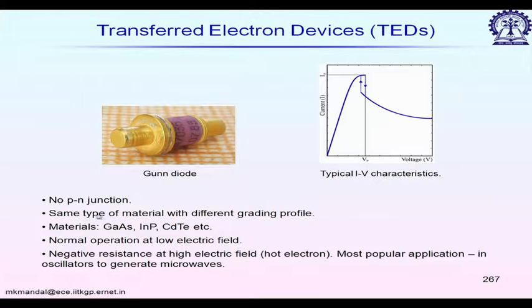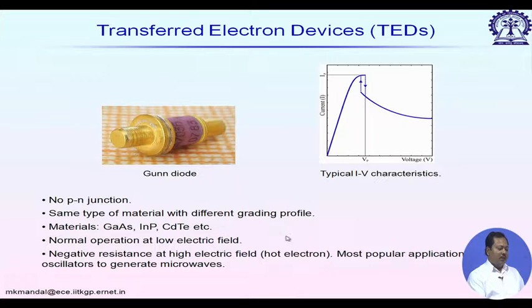So, let us first see some basic characteristics of these transferred electron devices. We do not use any p-n junctions here, as I said. The same type of material is used with different grading profiles, and typical materials are gallium arsenide, indium phosphide, CdTe. Silicon and germanium, these conventional materials, are not used.